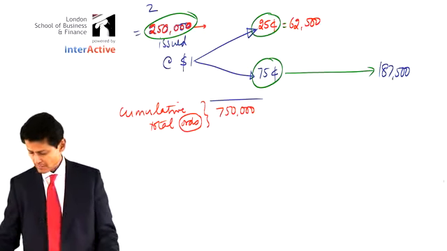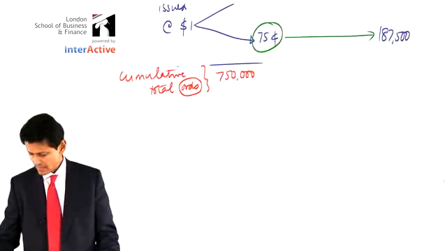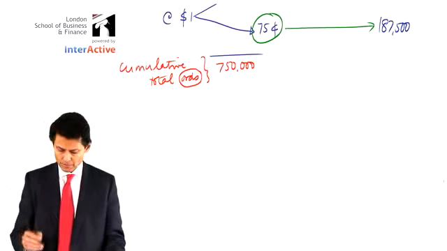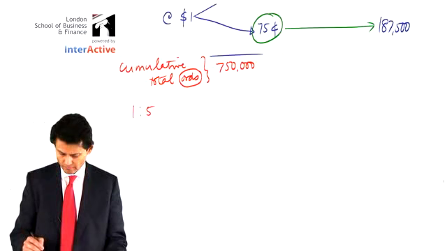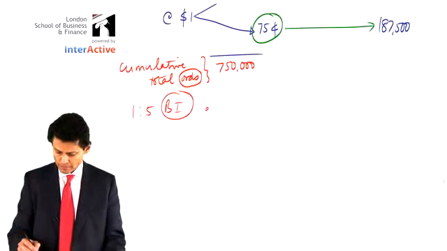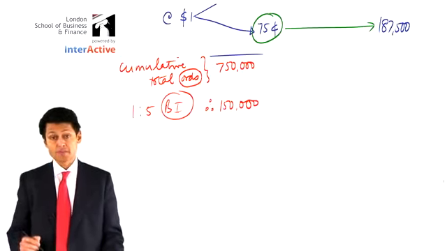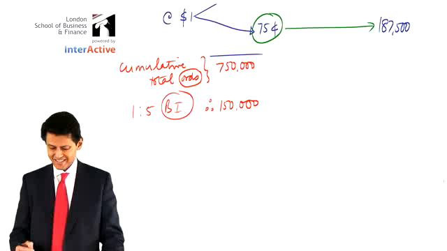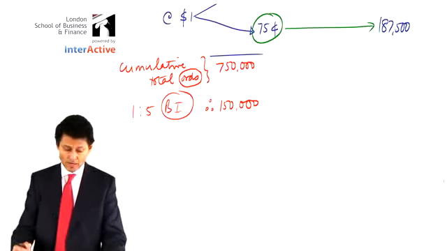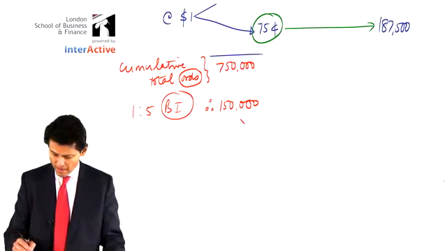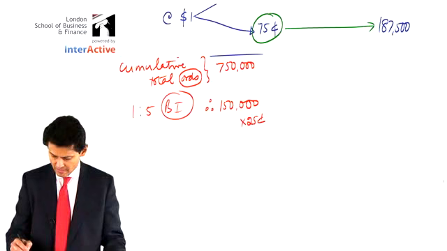See why this one takes a bit longer than many of the others. 1 for 5 bonus issue, BI. So I suppose that must be 750 divided by 5 multiplied by 1, which is 150,000.